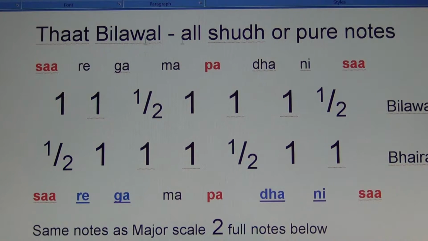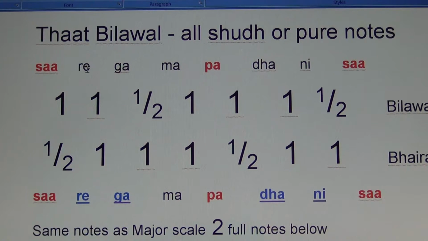We had Thaat Bilawal, which is what we started with. We took the first two intervals at the front and we placed them at the back instead, and that gave us a new interval spacing. So now look at what happens to the notes. Just as we did in Thaat Kafi, sa remains the same.